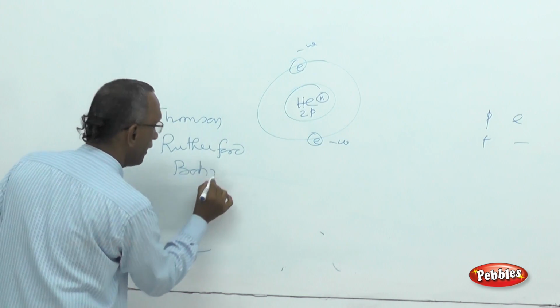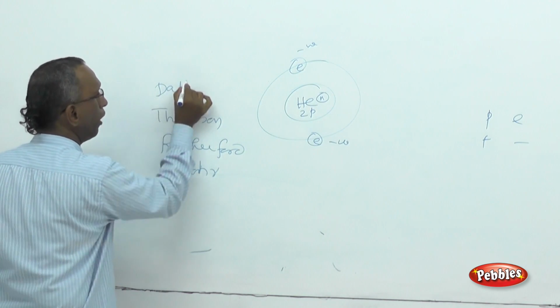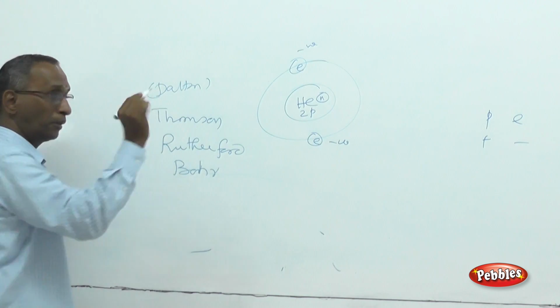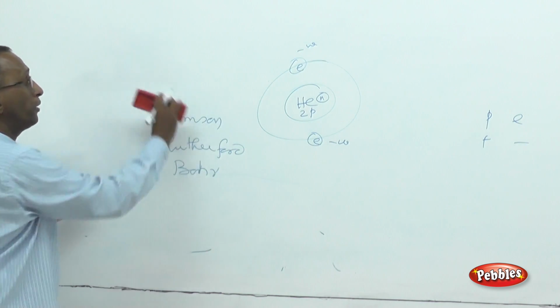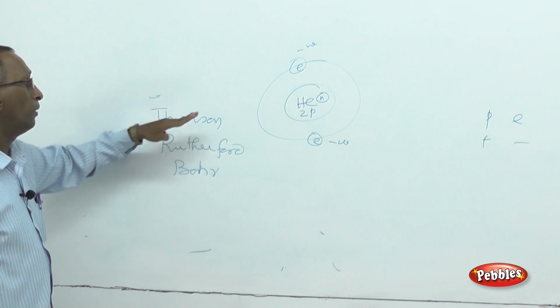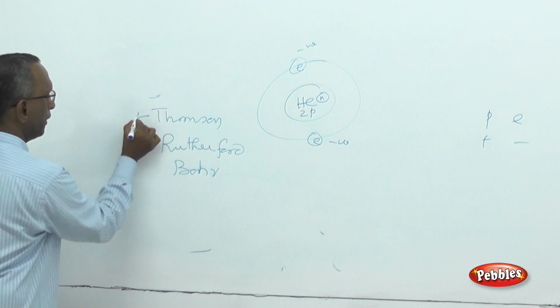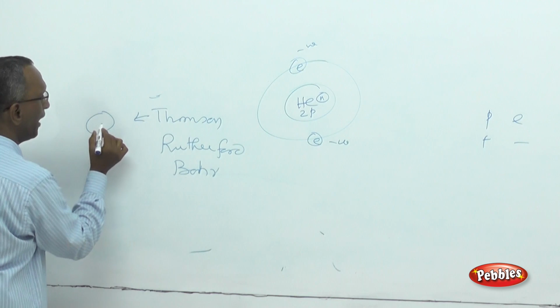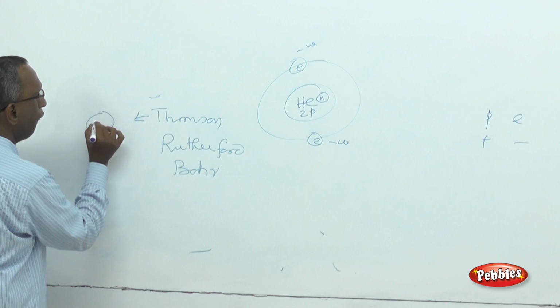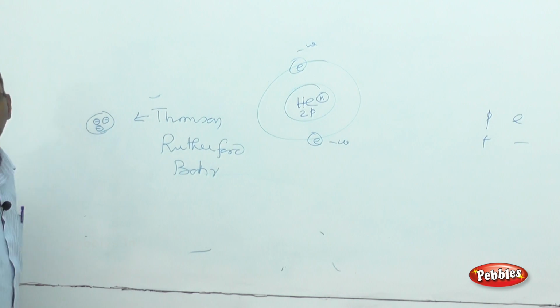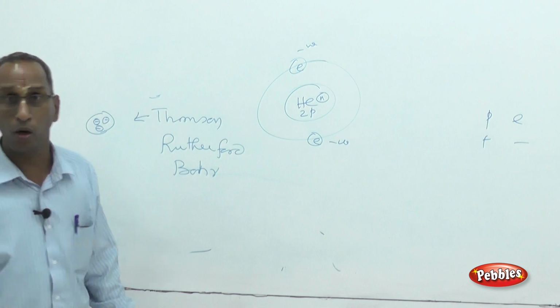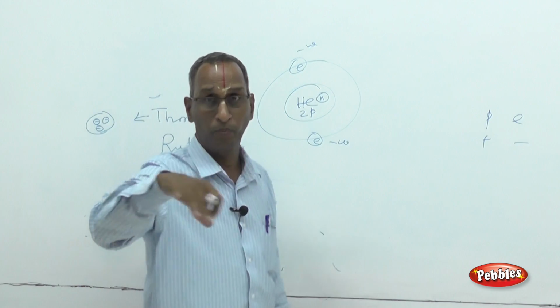Very initially we saw that Dalton described the atom as indivisible. Later on it was observed that the atom is divisible. In the Thomson model, he considered an atom as a cloud of positive charge in which electrons are embedded. Cloud means a continuous material.